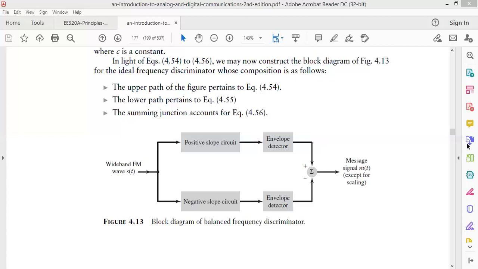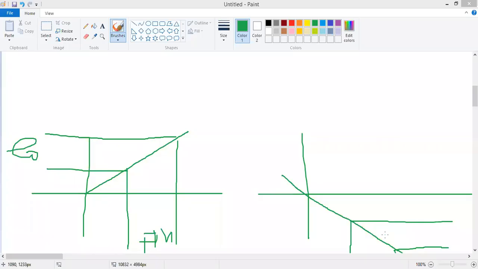Actually, how to write any signal expression, a received signal expression.